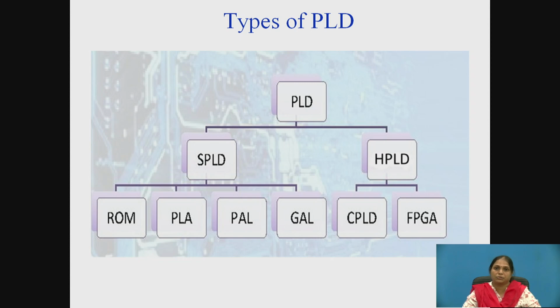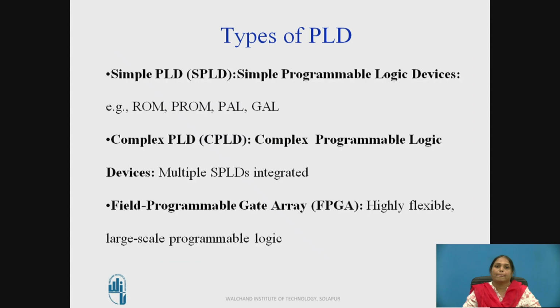These are some of the types or classifications of PLDs. Mainly the first two are SPLD and HPLD. SPLD stands for simple programmable logic devices, which have classifications like ROM, PLA, PAL and GAL. HPLD can be differentiated into two types, that is CPLD and FPGA.